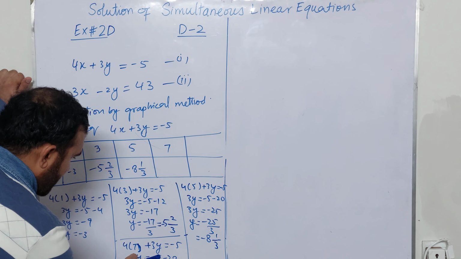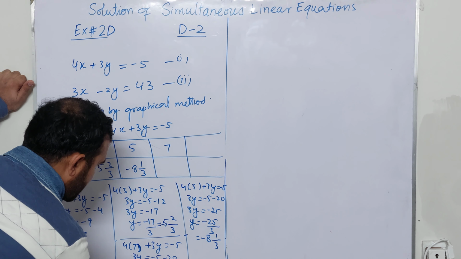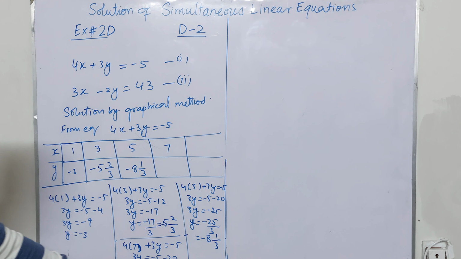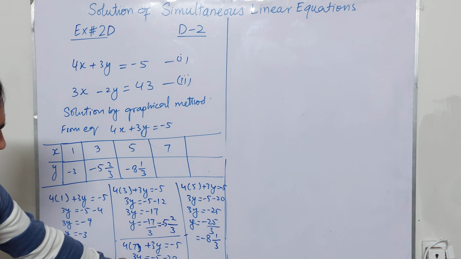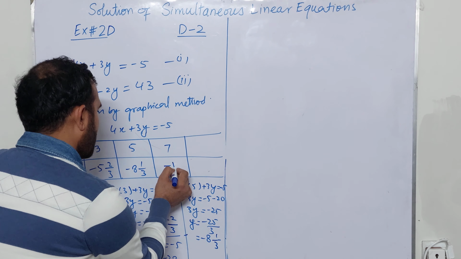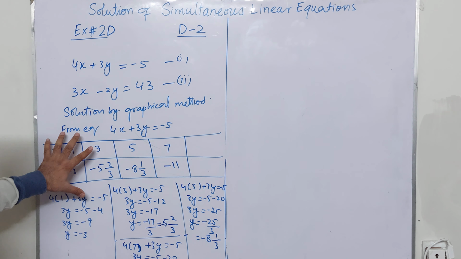Minus 5 minus 28 is minus 33, and this is 3y. So divide both sides by 3, and we will get minus 33 by 3 is minus 11. Okay, so this is the table for the first equation.